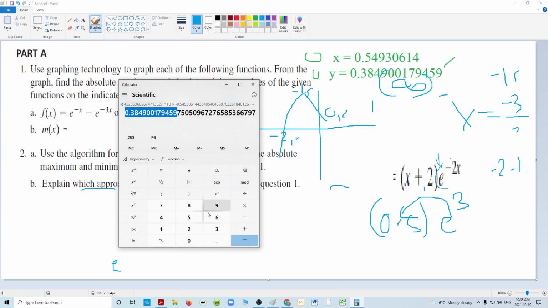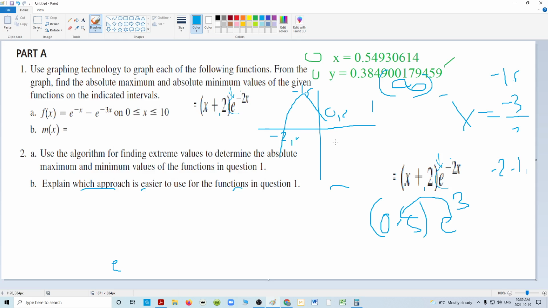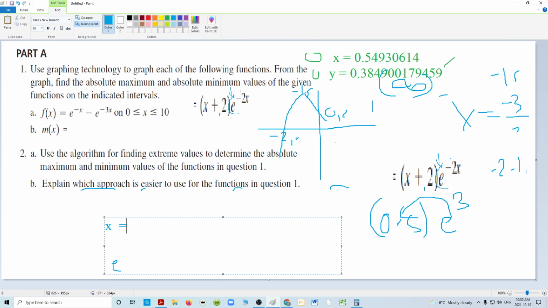Seems huge. Okay, e to the exponent of 3. Okay, it's not too bad. There we go. This is my y value. So for this one, we're going to get x is equal to negative 1.5, and y is equal to this.